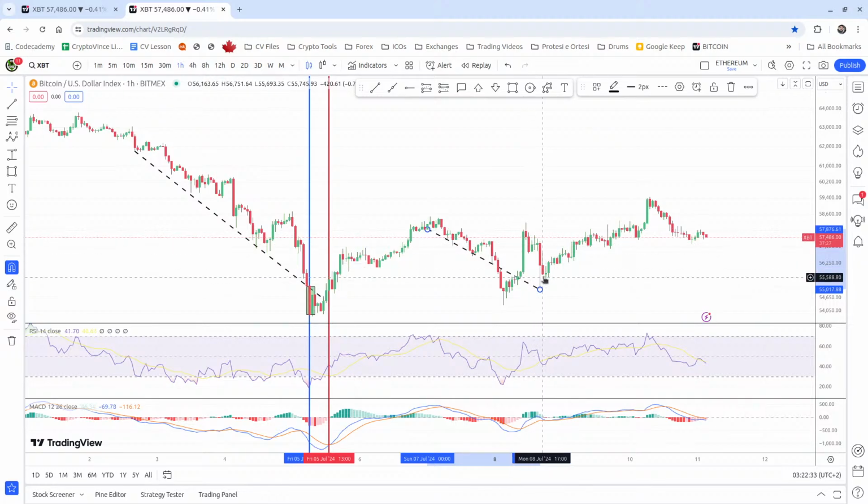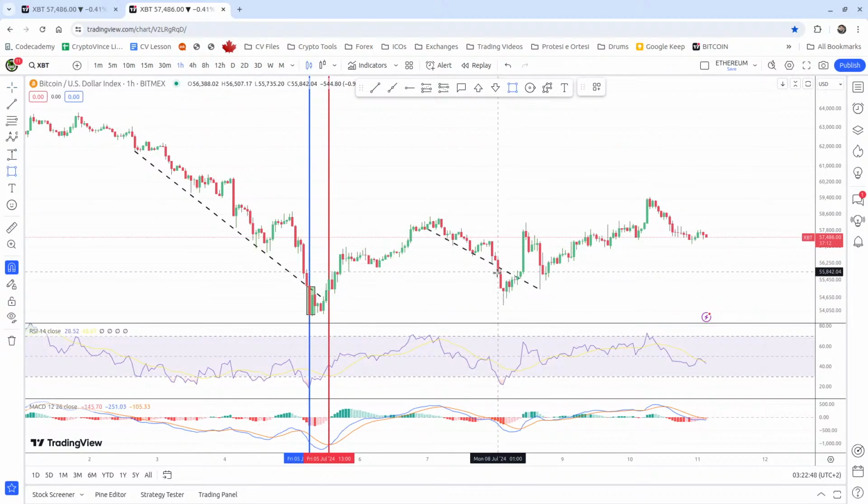Okay, then it came back down, but still this could have been a nice long trade if we are using this kind of price action idea. This is the fake out that made everybody more bearish too.